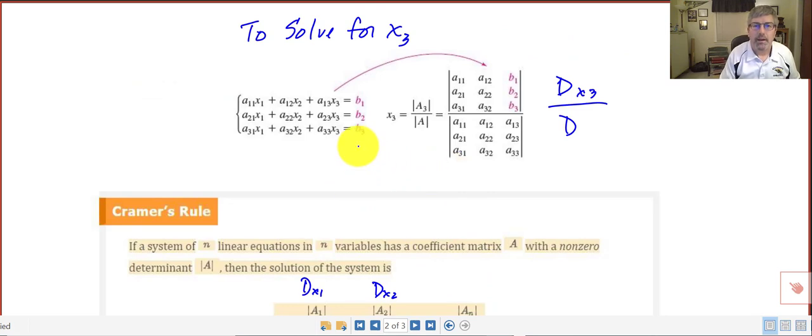As we prepare for Cramer's rule, we look at a 3 by 3 or even larger matrix, and we've got this generic rule.